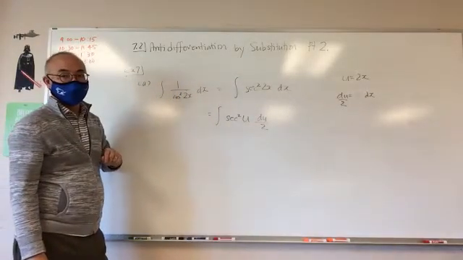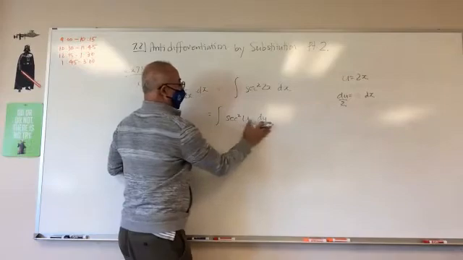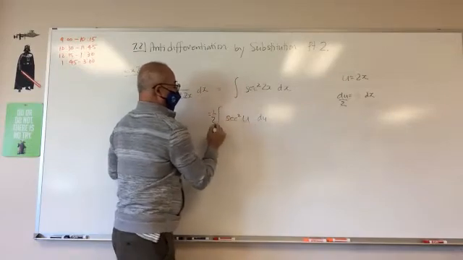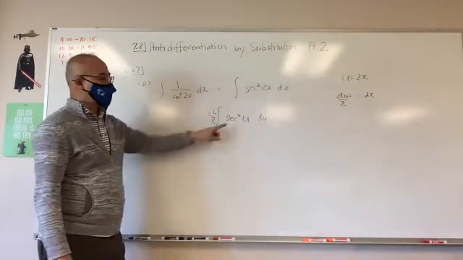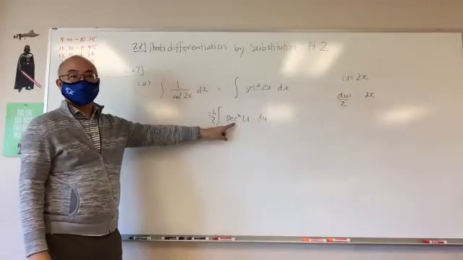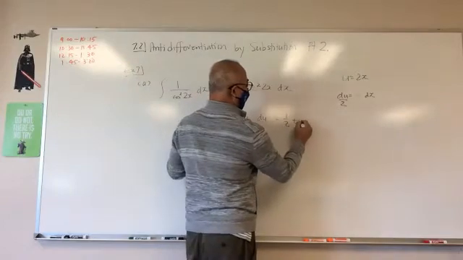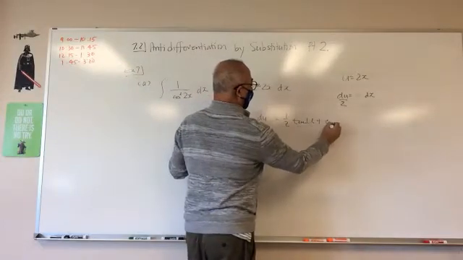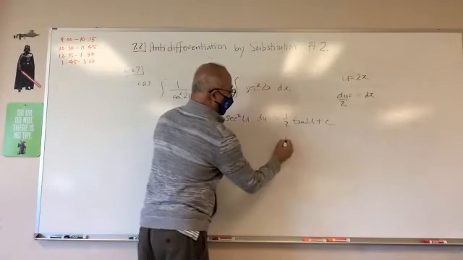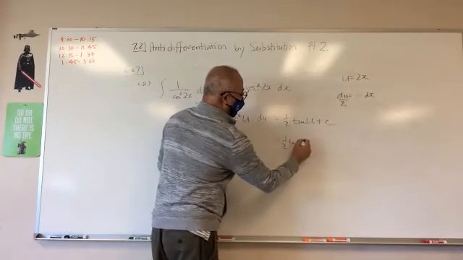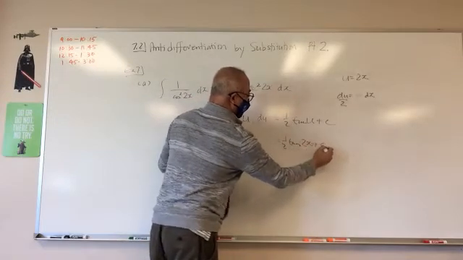I'm going to pull the 2 out, and this is nothing more than tangent u. So I'm going to get 1/2 tangent u plus c, 1/2 tangent 2x plus c.